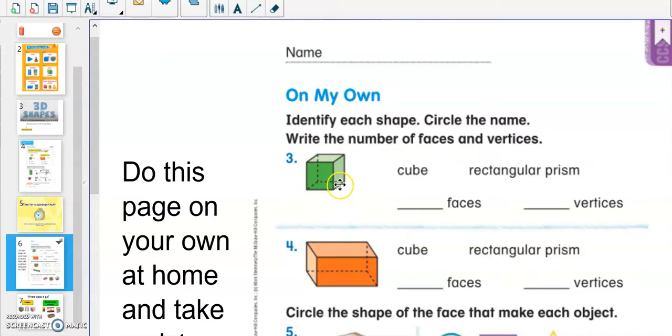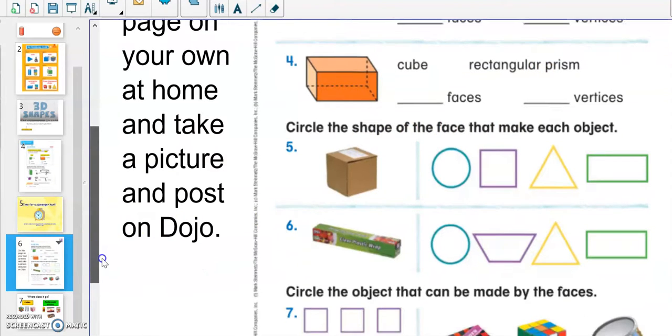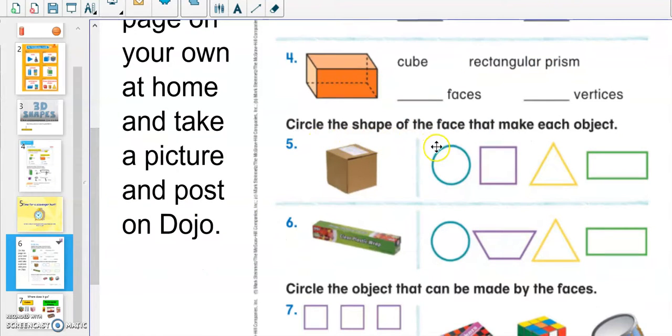So what is this shape? Is it a cube or a rectangular prism? The next one, is this shape a cube or a rectangular prism? Now, number 5 and 6 say, circle the shape of the face that makes each object.